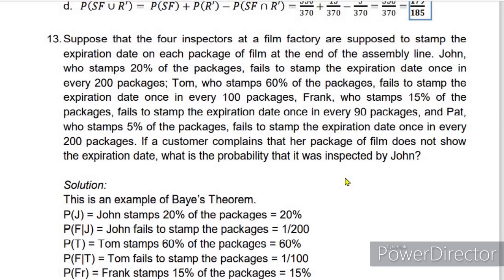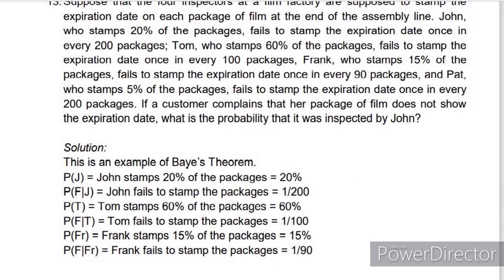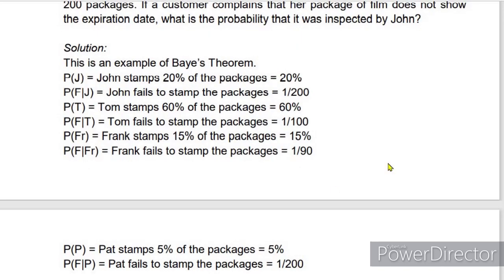If a customer complains that her package of film does not show the expiration date, what is the probability that it is inspected by John? So this is Bayes' theorem. First, we will write all the given data that we will use in our solution. The probability that John stamps is 20%. The probability that John fails to stamp the packages is 1 over 200.